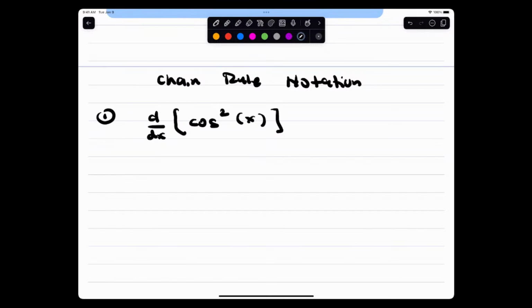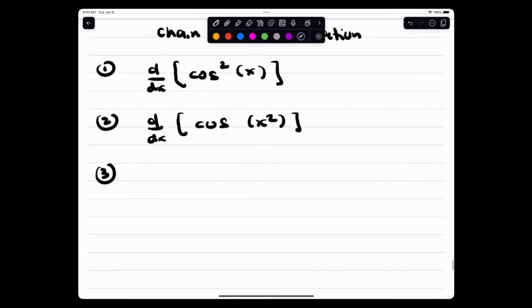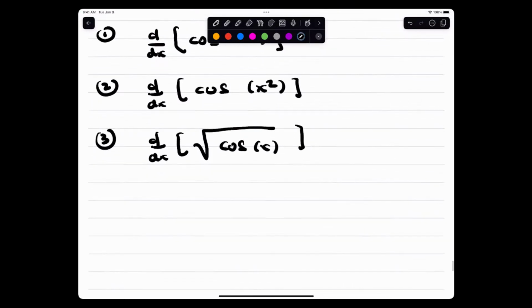Derivative of cosine squared. 2. Differentiate cosine x squared, and 3. How about the square root of cosine? Okay, and 4.